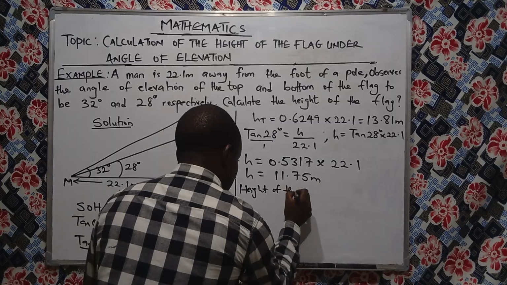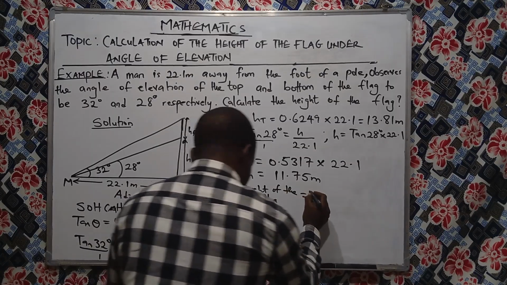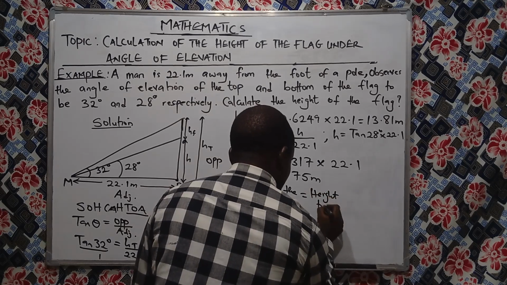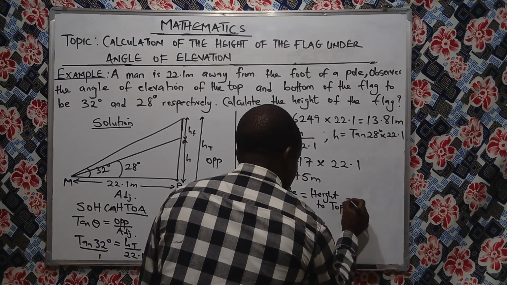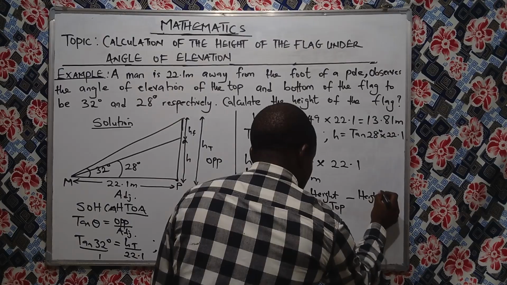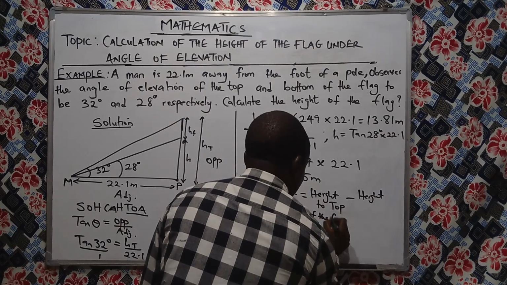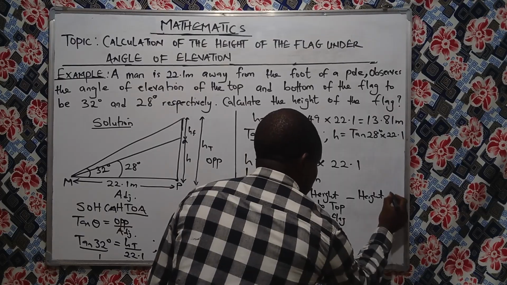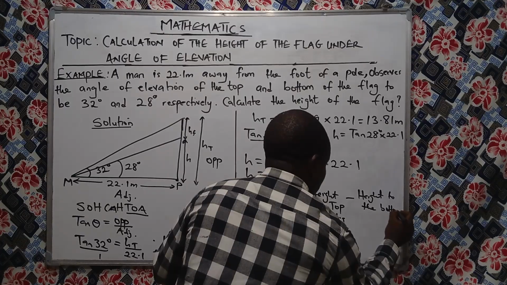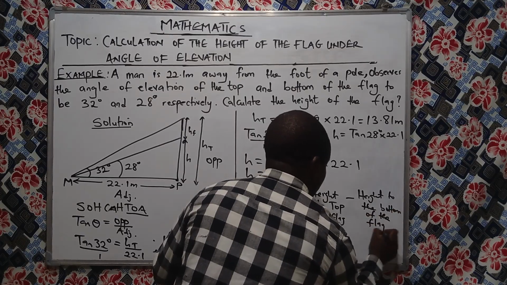Now, the formula you have to take note of is that height of the flag equals height to top minus height to bottom. Height to top of the flag minus height to the bottom of the flag.